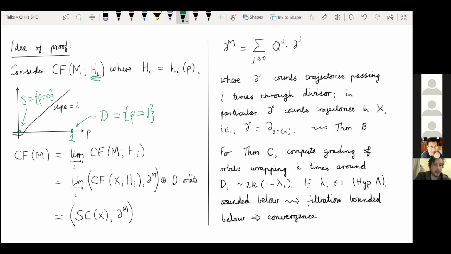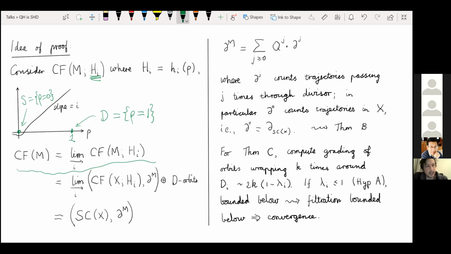Then the Floer cohomology of M doesn't depend on the Hamiltonian you use to define it. So this first equality here is a trivial consequence of that.